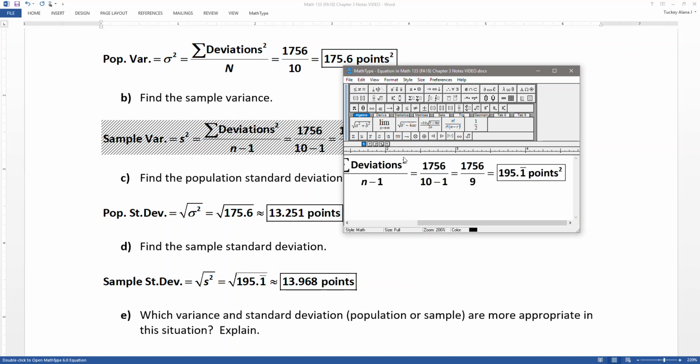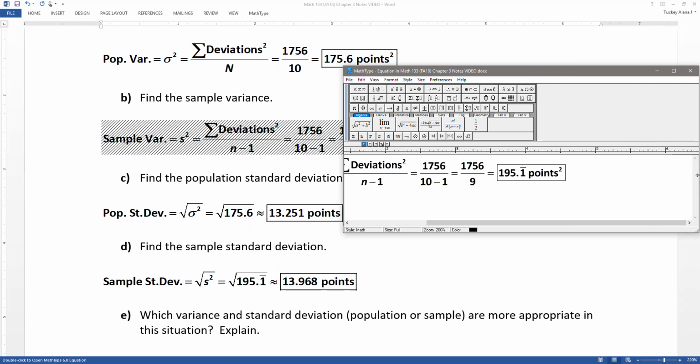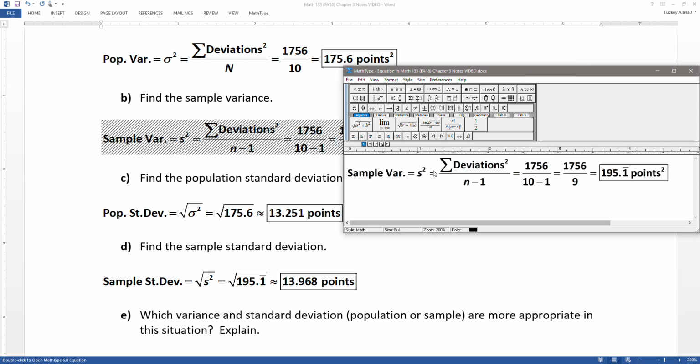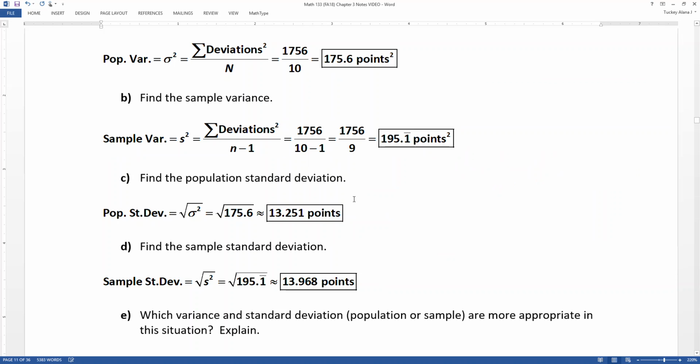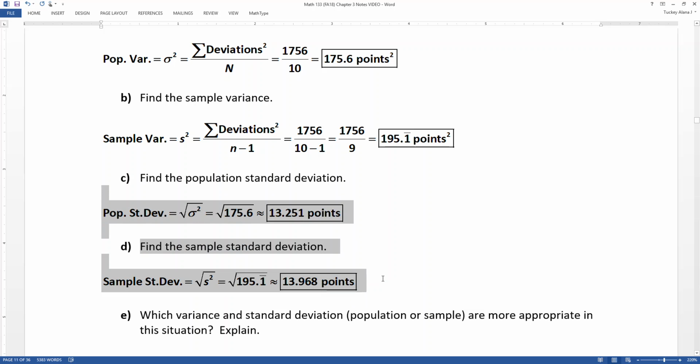So it was deviation squared, but because we took the square root of the squaring, it undoes the points squared and leaves just points. It's a little algebra trick. This is going to be way more useful for actually interpreting, right? We could say, I expect to score within 13.968 points of the mean. That makes a lot more sense.